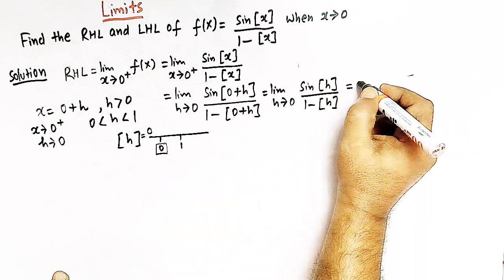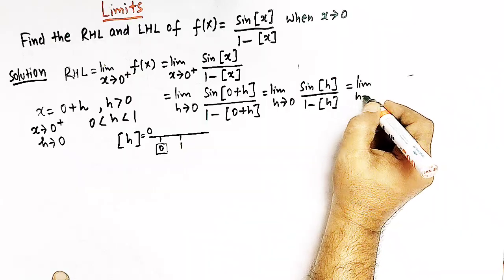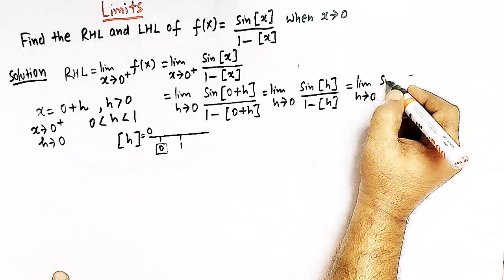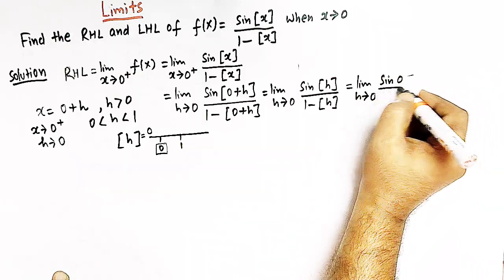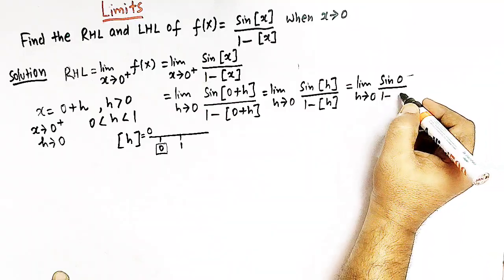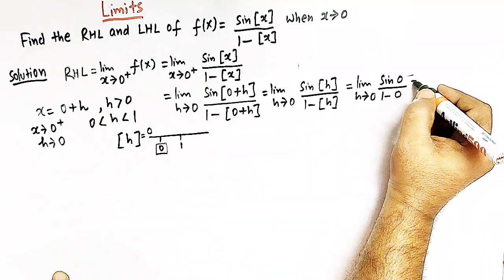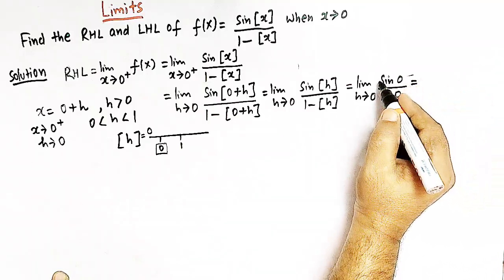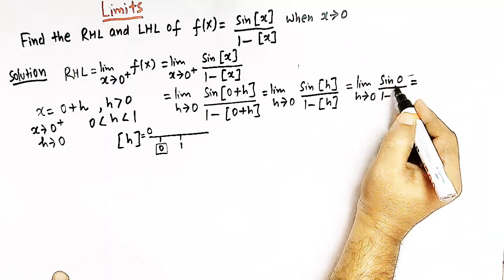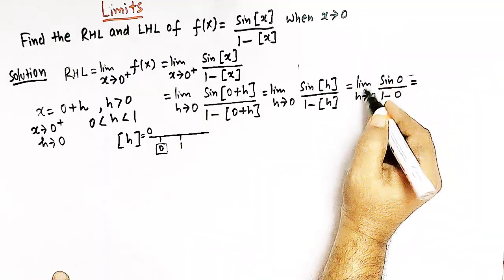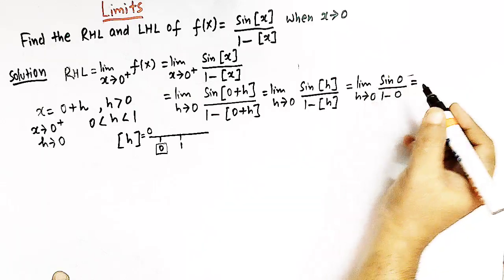So we have limit h tends to 0 of sine 0 divided by 1 minus 0. Because this expression is now independent of h, we can remove the limit notation.